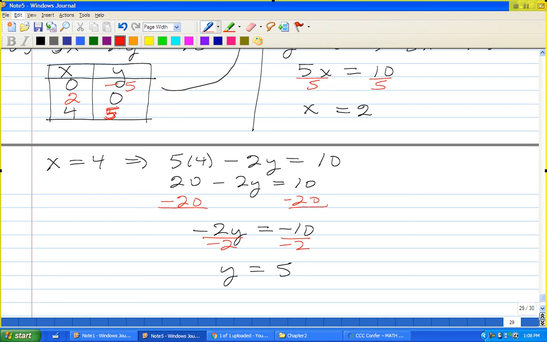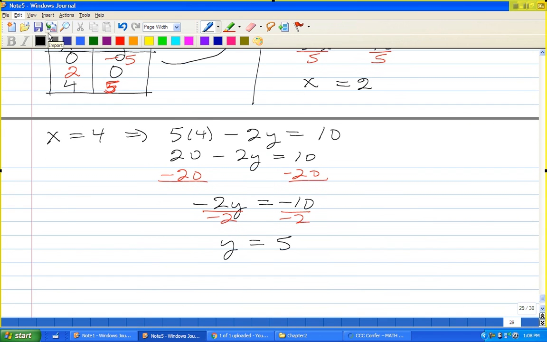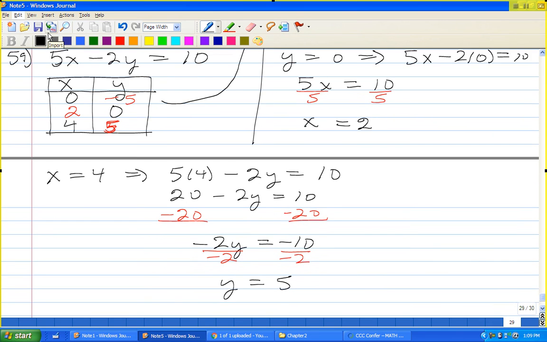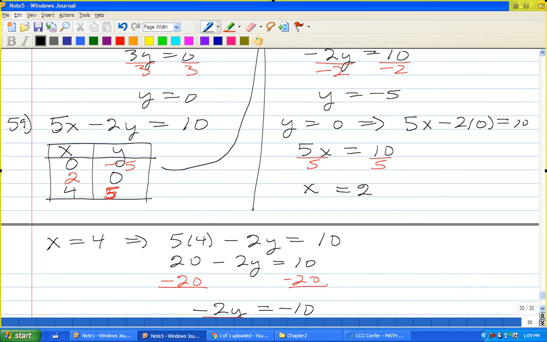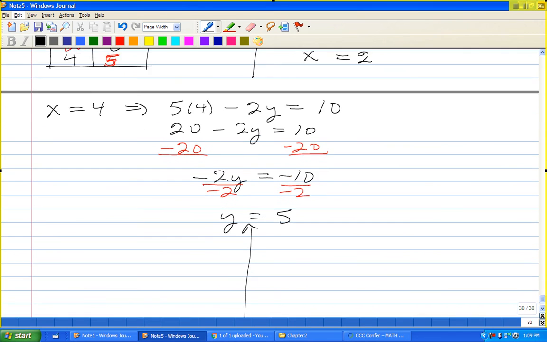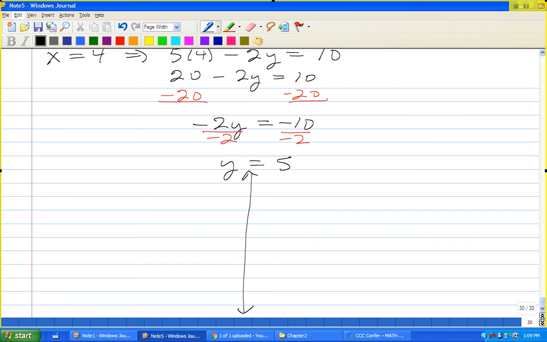Okay, so let's sketch the graph. I'll just do it in halves.